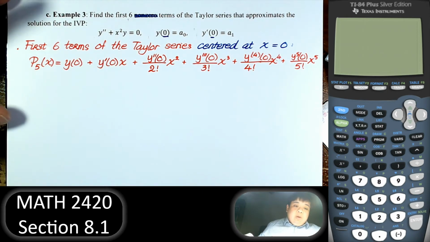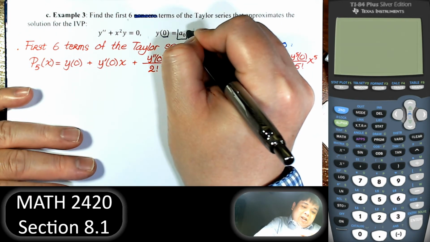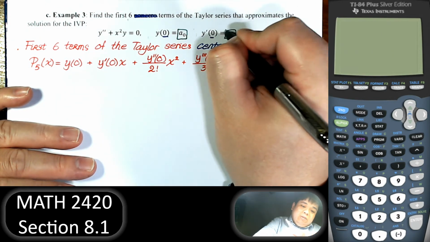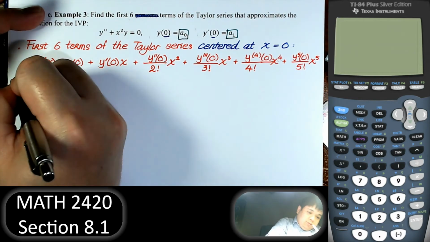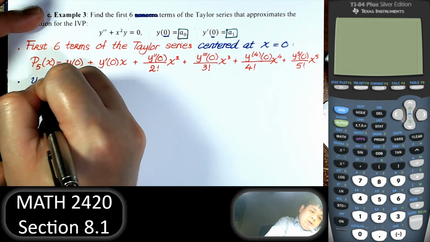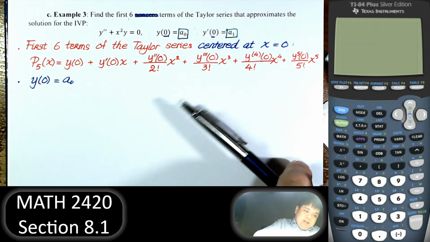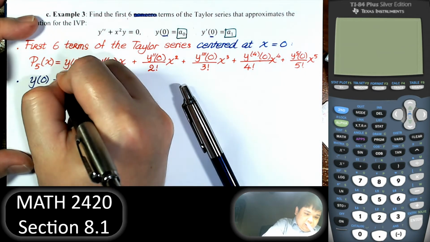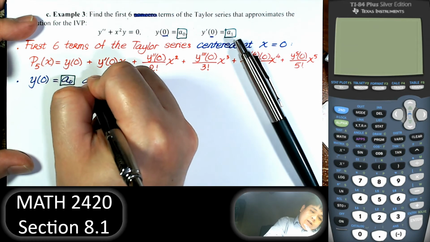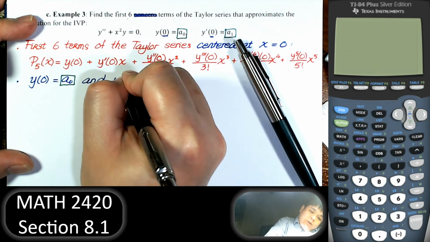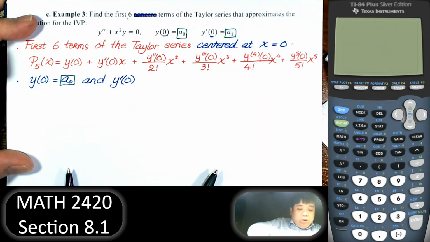Now we're just going to find all the coefficients. We are given a0 and a1 for the function and derivative, which is good. So y of 0 is equal to a0, and the derivative at 0 is equal to a1.